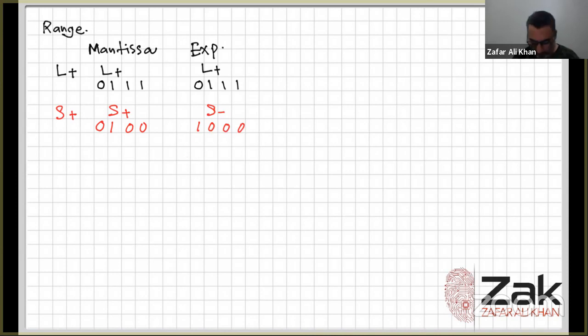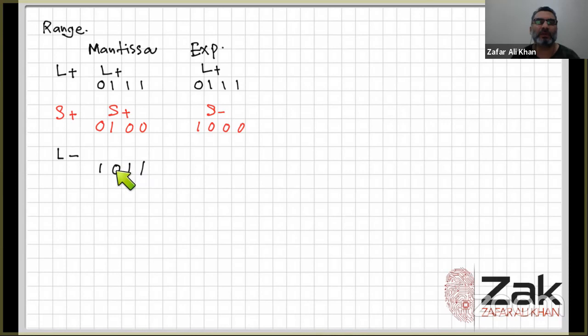Now, remember, this is roughly normalized. Same with the largest negative number. The largest negative number should be all ones, but that is not possible because it would become non-normalized and we have to normalize it.